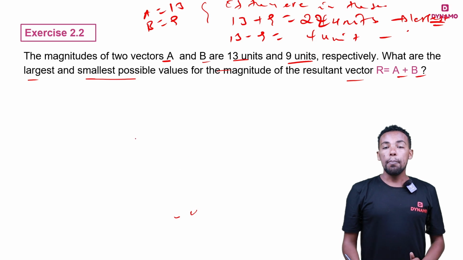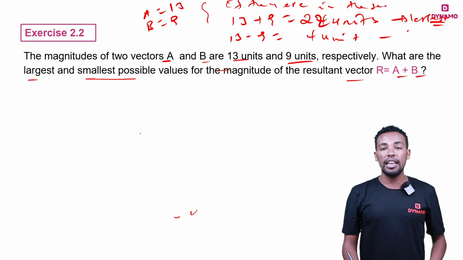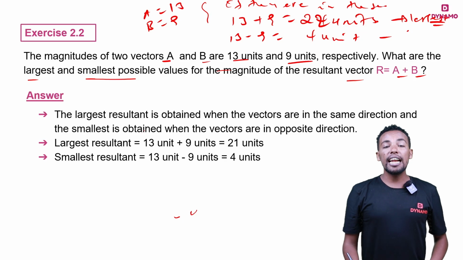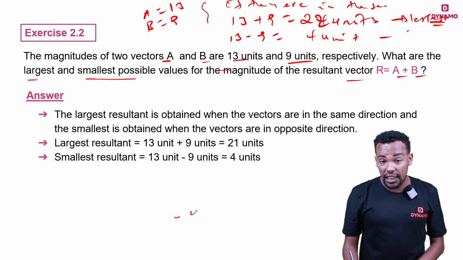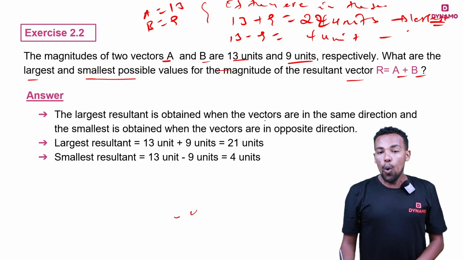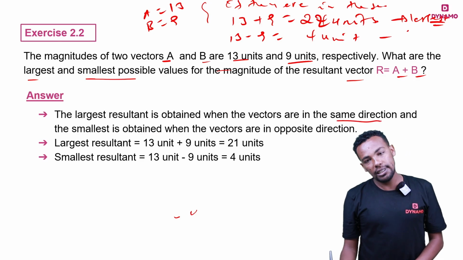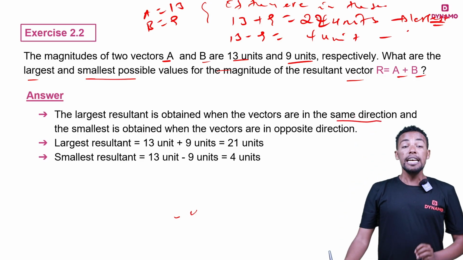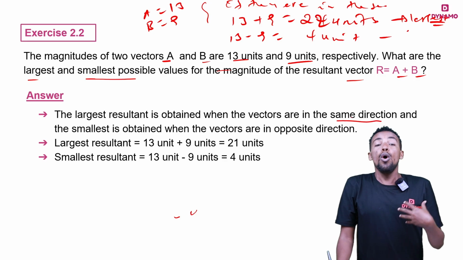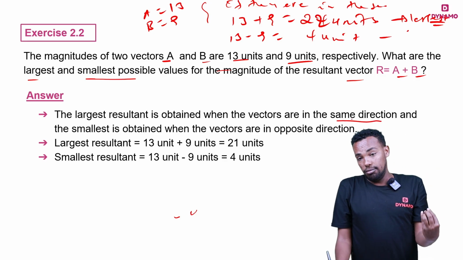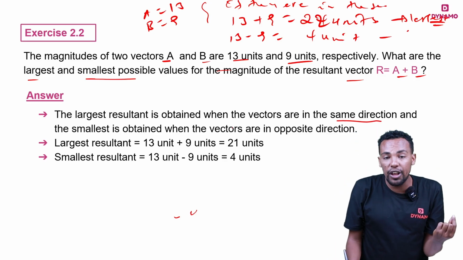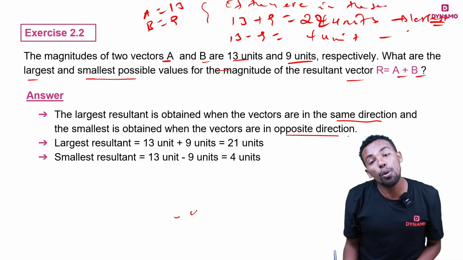Kana erga jennee maal goona jechuudha, salphaamatti deebiinsa maal ta'a. The largest resultant is obtained when the vectors are in the same direction. The smallest is obtained when the vectors are in opposite direction.